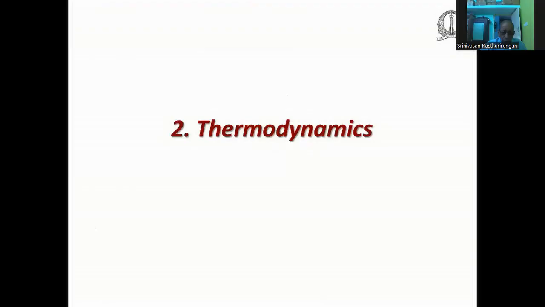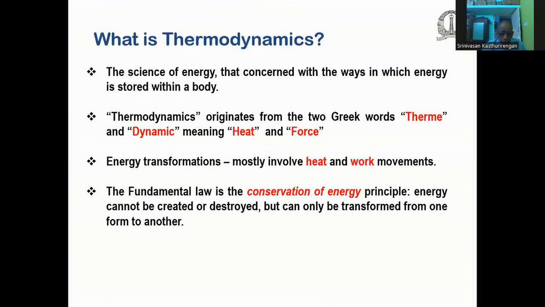Now let's move on to thermodynamics. First of all, what is thermodynamics? It is a science of energy that is concerned with the ways in which energy is stored in a body. Thermodynamics originates from two Greek words, namely therm and dynamic, which indicate heat and the dynamic situation of gas molecules, that is, the effects of force on the gas molecule.